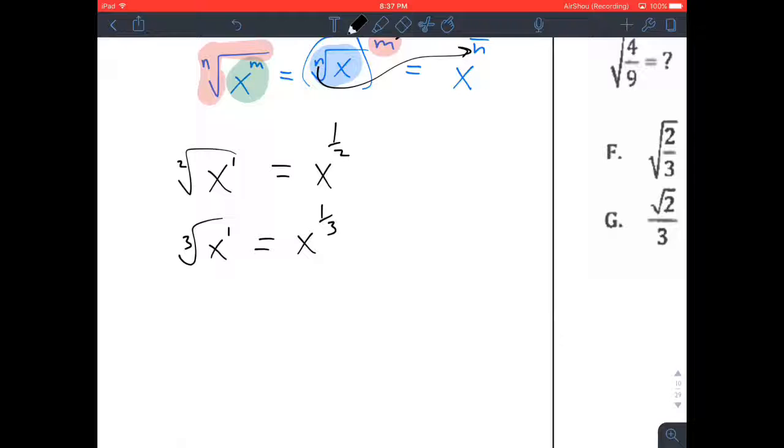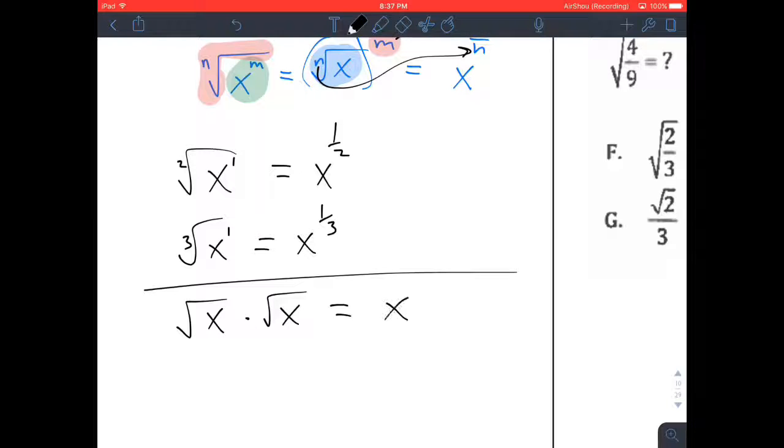Also, another thing that's important, it's not really a property, but it's a fact. If you multiply a radical times itself, a square root radical that is, that's always just going to be the number. And that's because square root of x times the square root of x, when you multiply two things that are the same square root in this case, you put them inside the same radical.